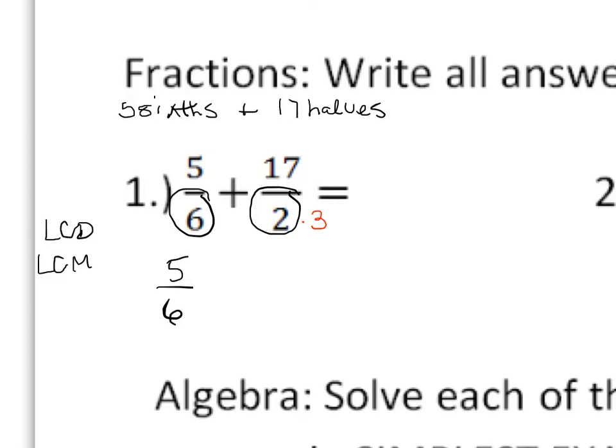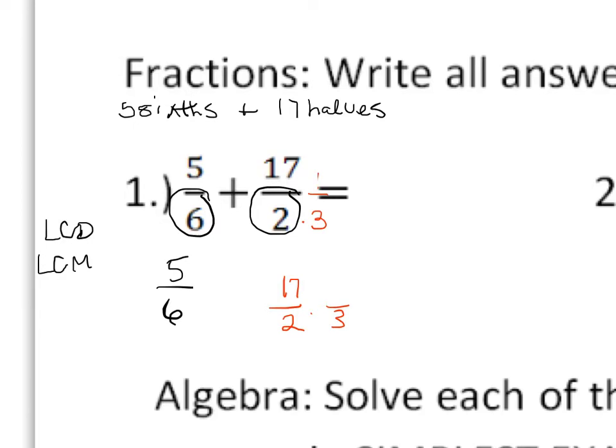Now, if I were to just leave it like this, that would be as if I had said 17 halves times 1/3. Right? The 3's on the bottom, we automatically know there would be a 1 on the top. The problem is that multiplying something by 1/3 is taking 1/3 of its amount, so it's going to change the overall value.